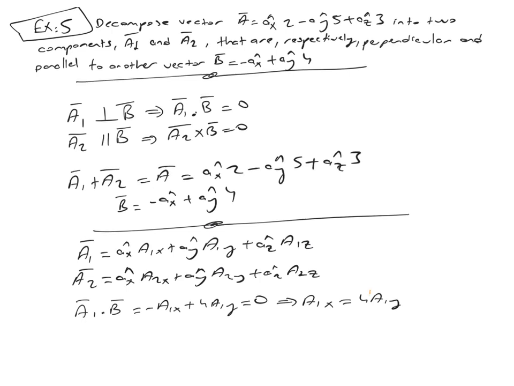Let's say this term is equal to constant m, then this term will be equal to 4m. And we have no information about the z component of vector A1. Let's look at the cross product of vector A2 and vector B.